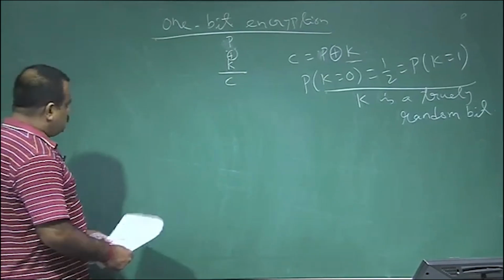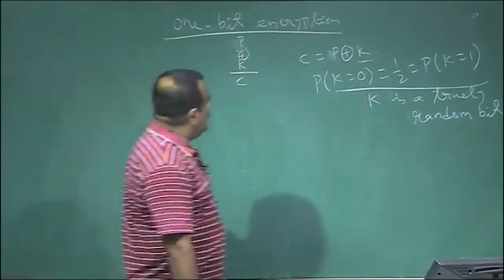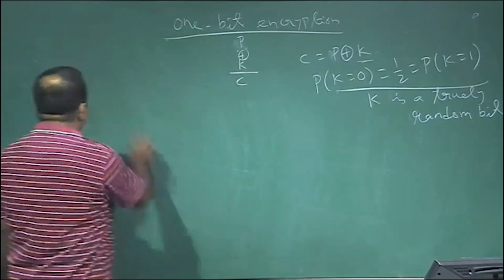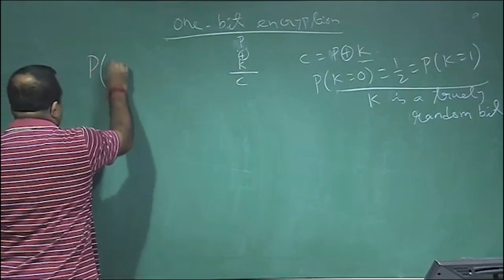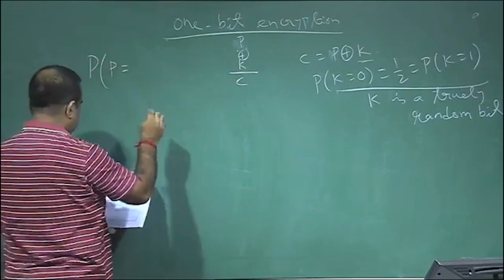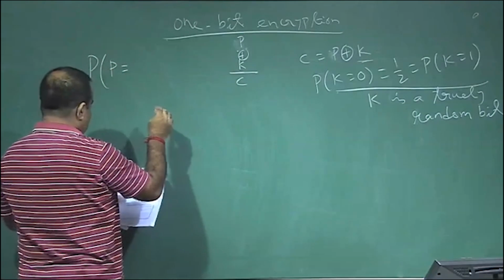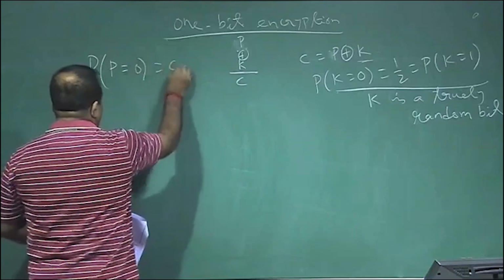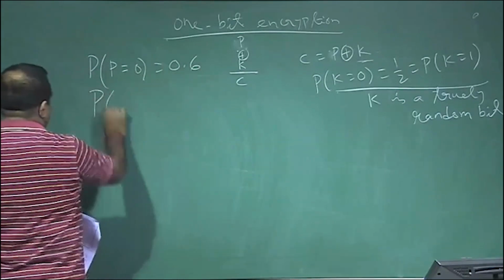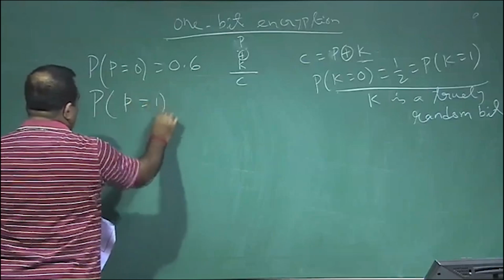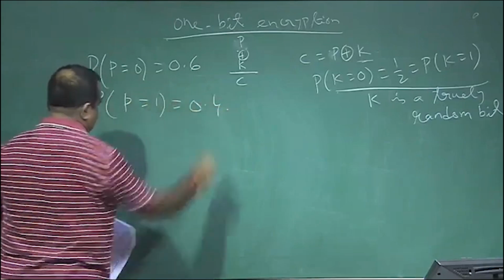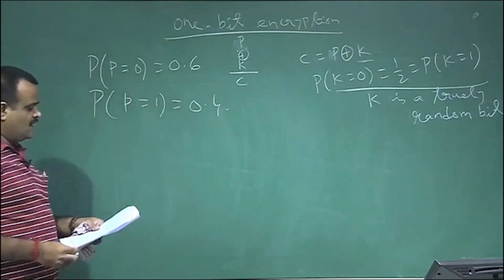To show that, let us have some prior distribution of P. Suppose the probability that P is equal to 0 is 0.6, and the probability that P is equal to 1 is 0.4. This is the prior distribution of P.